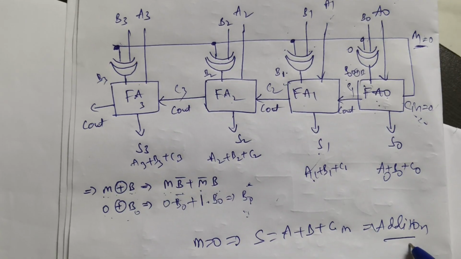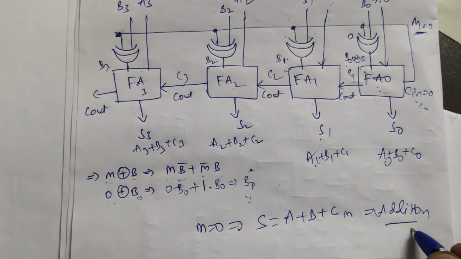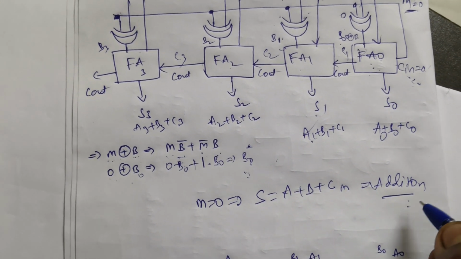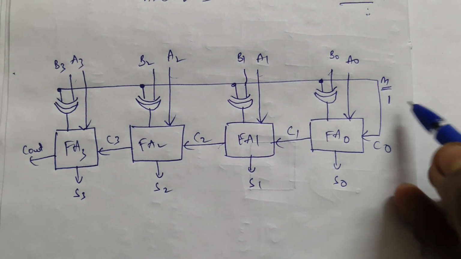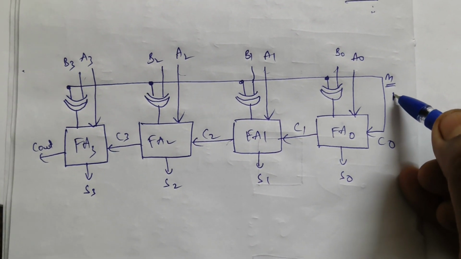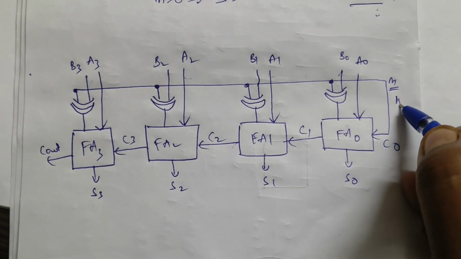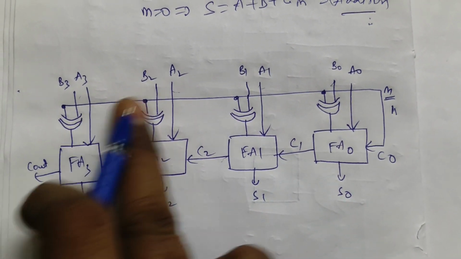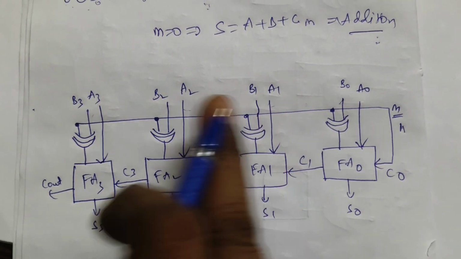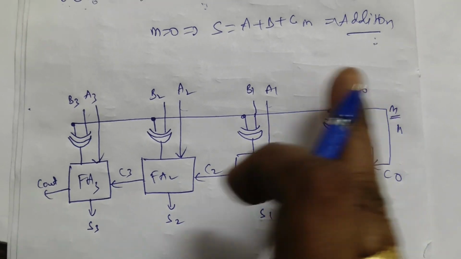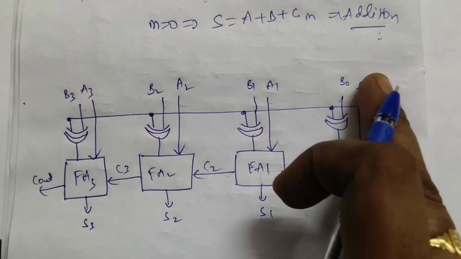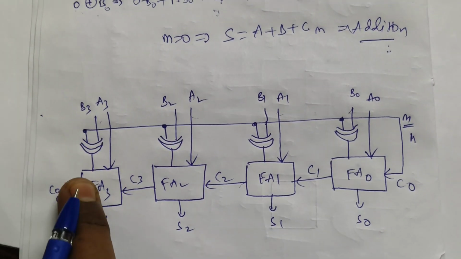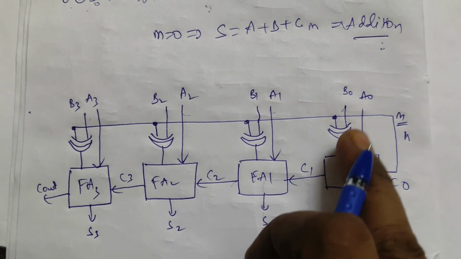Likewise, we are going to check the subtraction operation. For that purpose I am taking the same circuit diagram with mode bit as 1. This is the same circuit diagram, 4 bit information of 2 operands, A bits and B bits. Consider 4 full adders with the A bits directly connected to the full adders, and the B bits connected with an XOR gate.